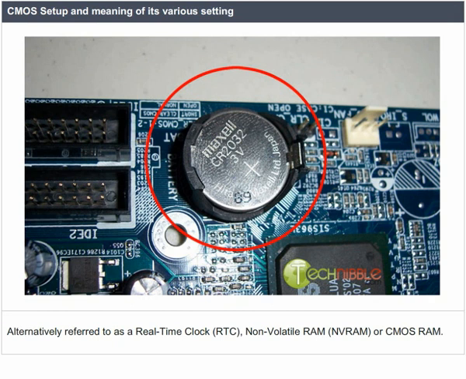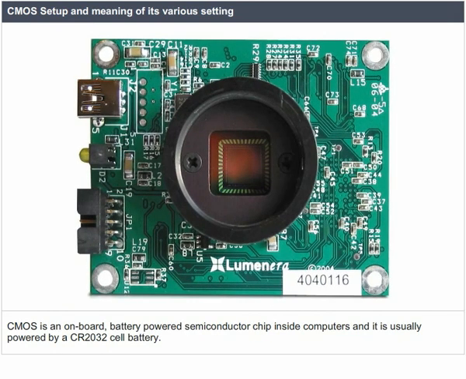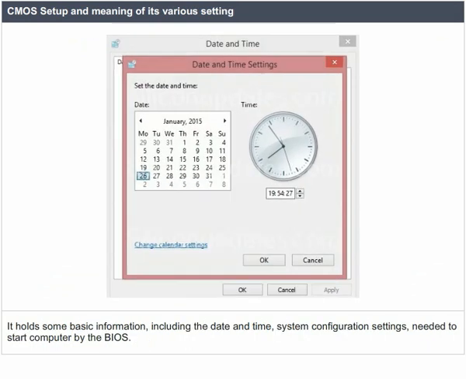CMOS is an onboard battery-powered semiconductor chip inside computers, and it is usually powered by a CR2032 cell battery. It holds some basic information including the date and time, and system configuration settings needed by the BIOS to start the computer.